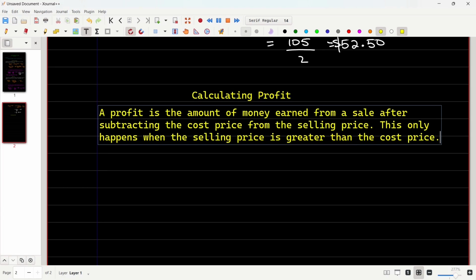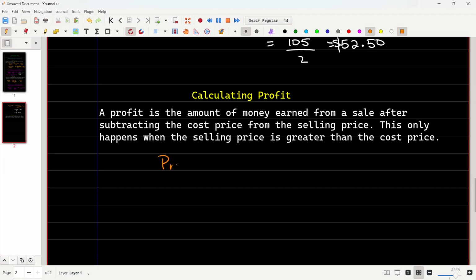All right, so let's look at this. I'll put this in white, and then we'll look at a formula. So your profit is going to be equal to your selling price minus your cost price. Let's do another one.